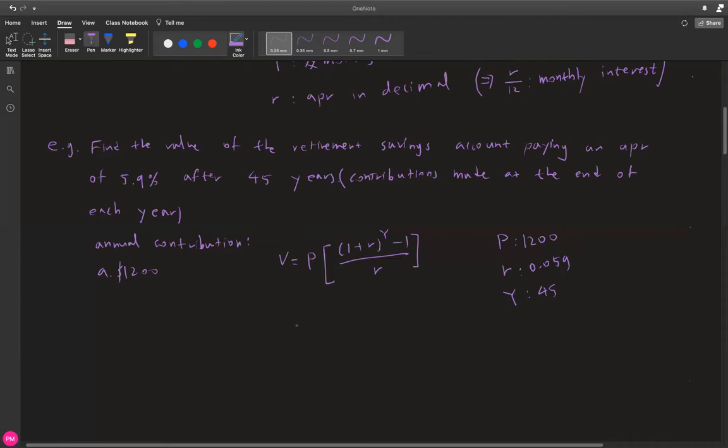So by simply plugging in everything that we know, we should be able to get $1,200 multiplied by (1 plus 0.059), and we do it for 45 years, minus 1, and you divide by the APR.